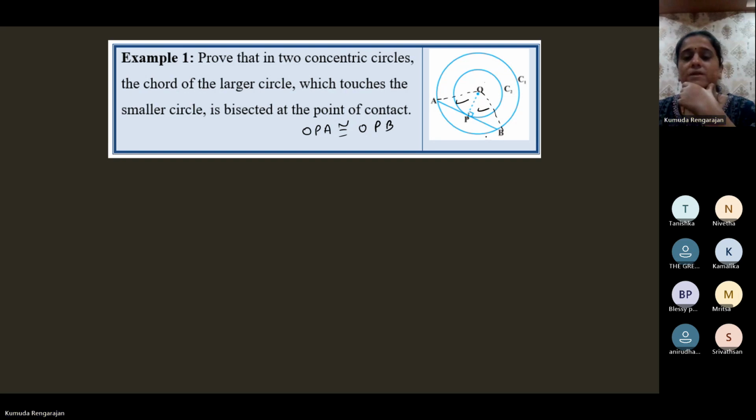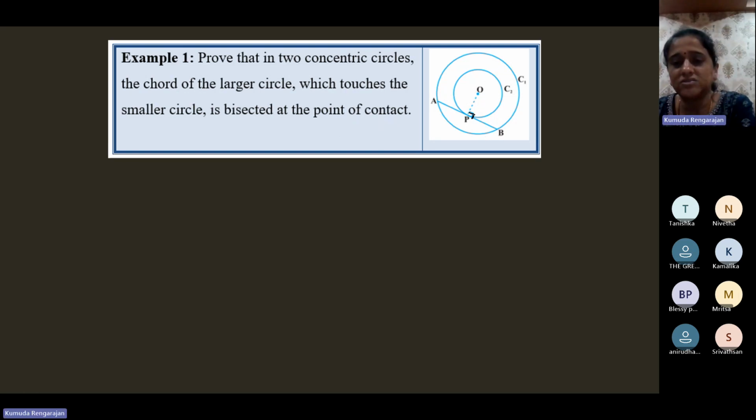What did I say? This is 90 degrees by the theorem, because the radius and tangent are perpendicular here. Then I said join OA and OB. Show that these two triangles are congruent. The rule will be RHS because of the right angle.